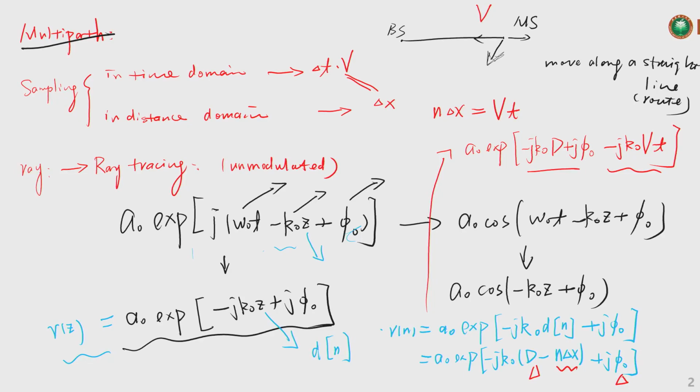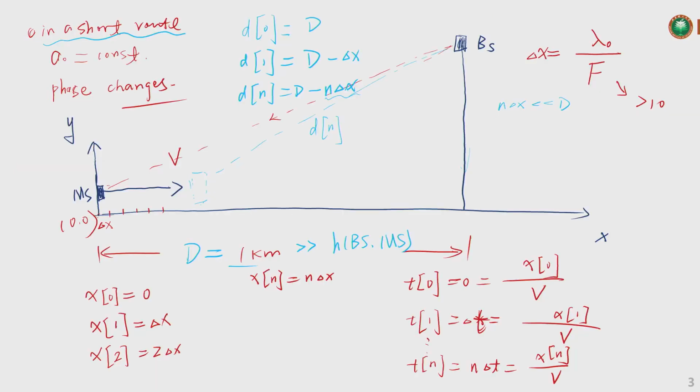Now we're going to take an example. We come back to this plot, a straight line with the base station and the mobile user.